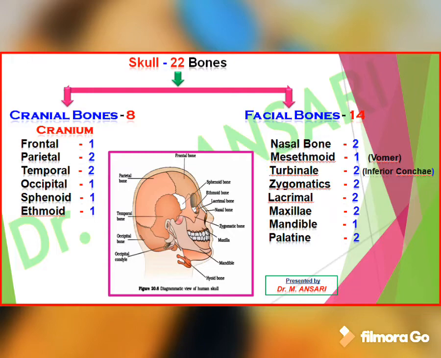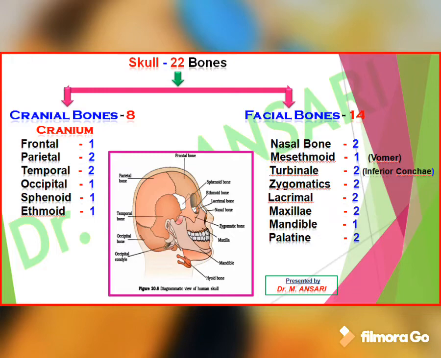These 8 cranial bones are distributed like this: 1 frontal bone, 2 parietals, 2 temporal bones, 1 occipital, 1 sphenoid and 1 ethmoid bone.